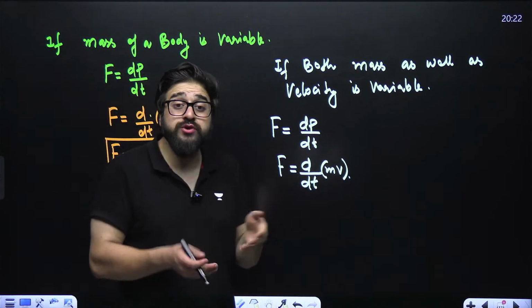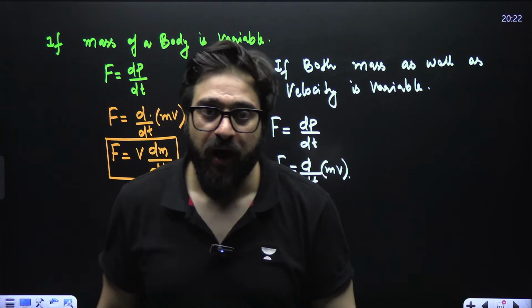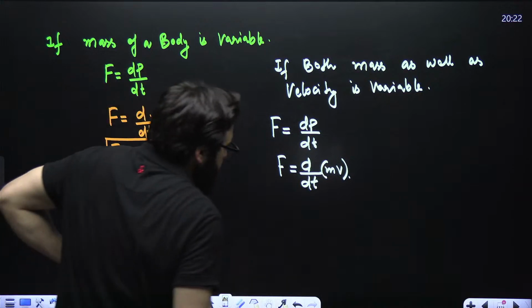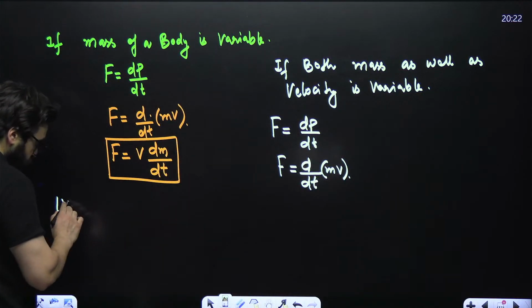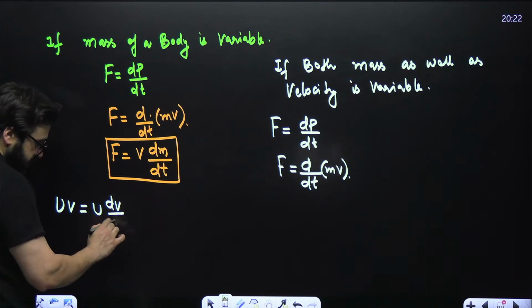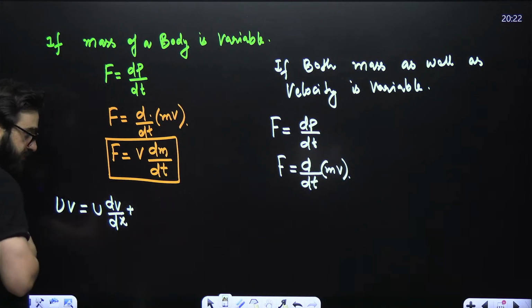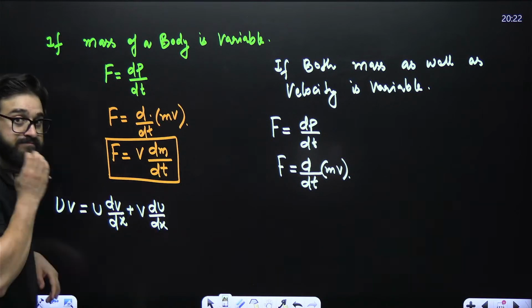And you can use the u into v formula over here, differentiation of uv. What is the formula of uv? Keep u as it is, differentiation of v, that is dv divided by dx, then plus, keep v as it is, differentiation of u, that is du divided by dx.